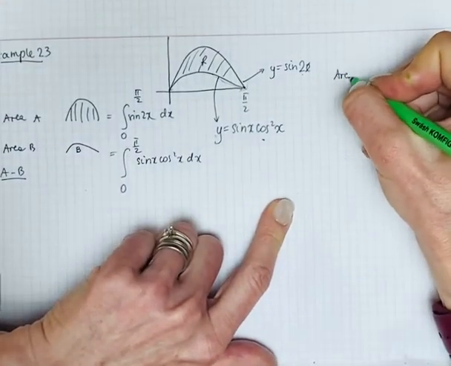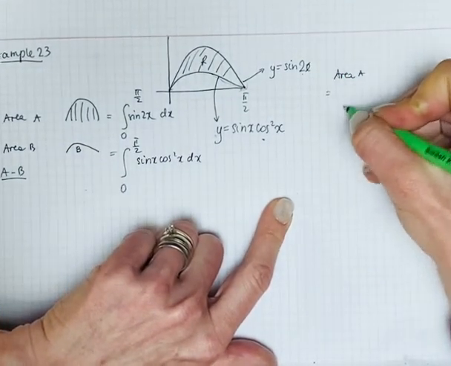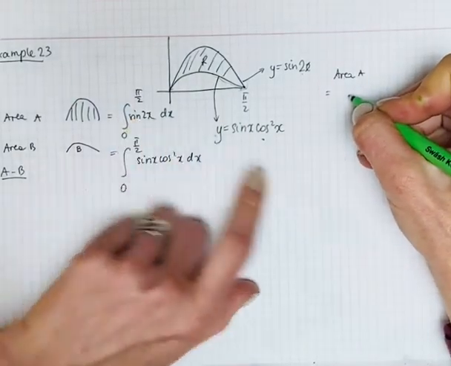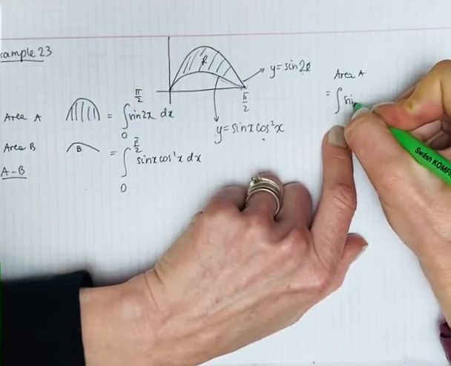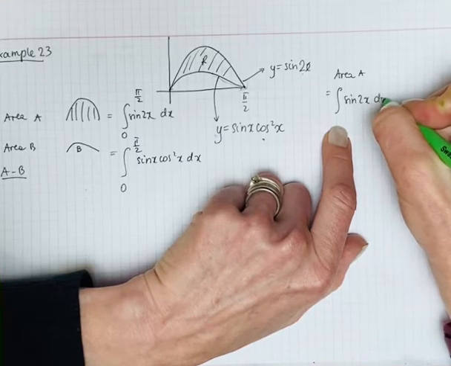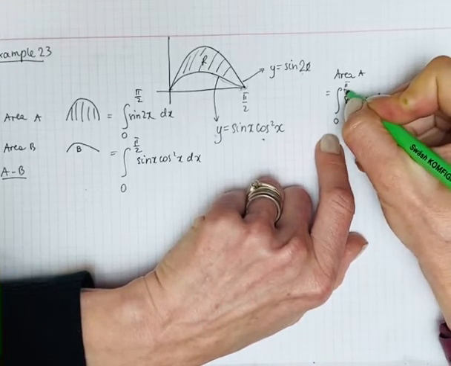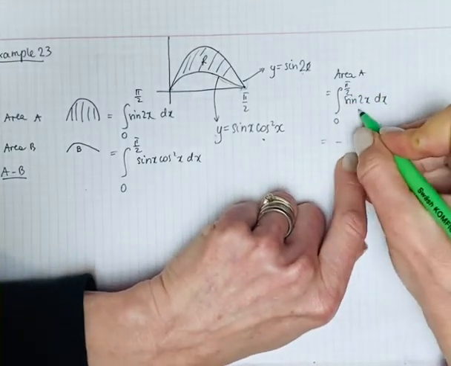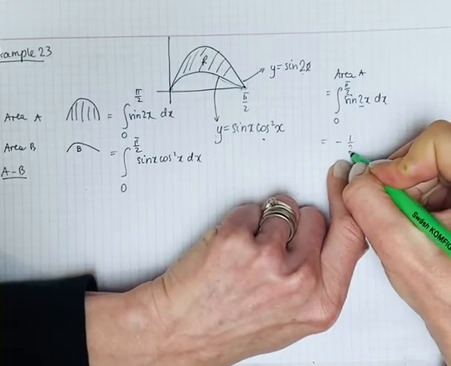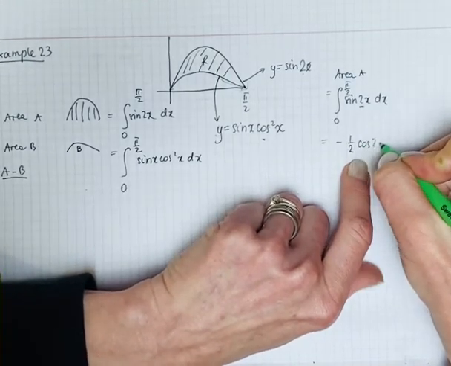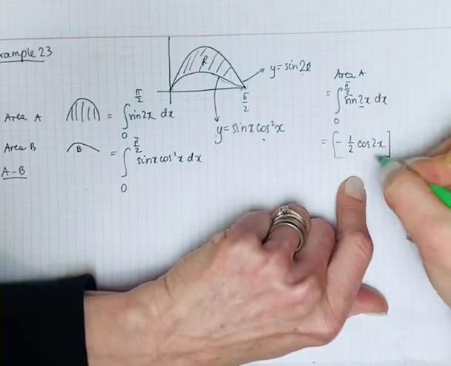So area A, that will give me, if I integrate sine 2x, sine integrates to minus cos. Remember to divide by 2, so it's minus a half cos 2x. Pop the limit in.